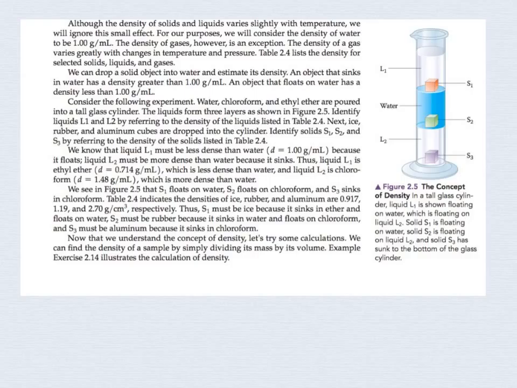If you're told the liquids are ether and chloroform, I believe, you would have to know what those values were to compare which is on the bottom and which is on the top. Chloroform is heavy, 1.48, we did that earlier, therefore it's below water, and the ether is 0.714, so it's above it.